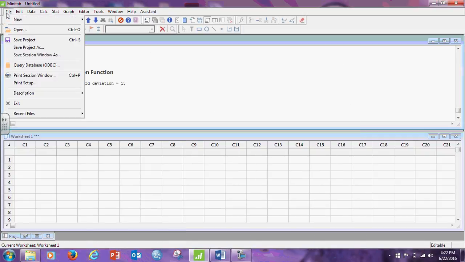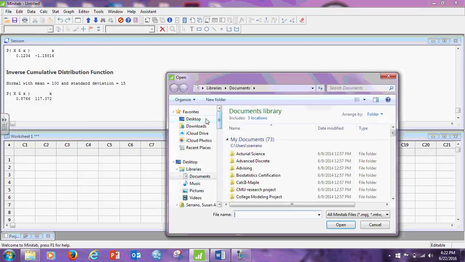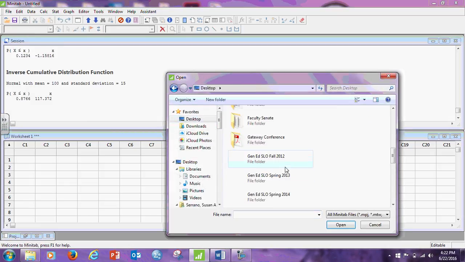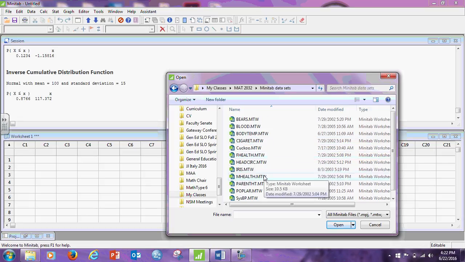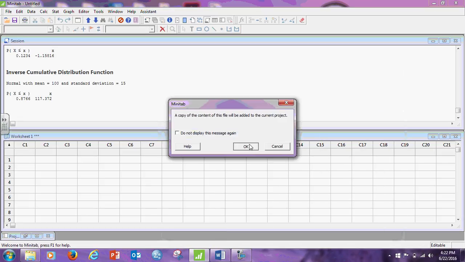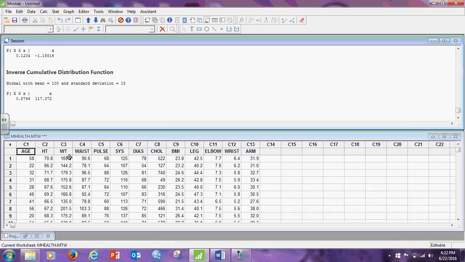So I'm going to go to File, Open, and we want to open a worksheet. I've saved my Minitab data sets on my hard drive, so it's Minitab data sets, and I'm looking for mHealth. So let's open that up. Now I'm going to be using BMI, which is column 9.